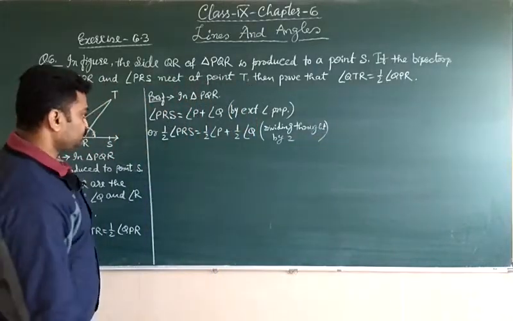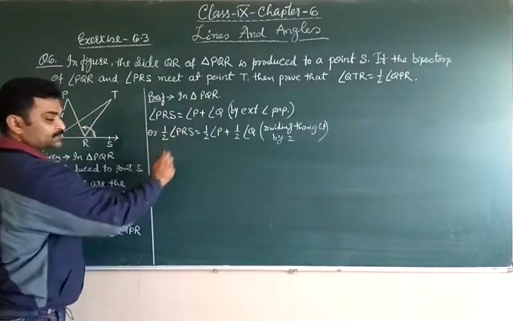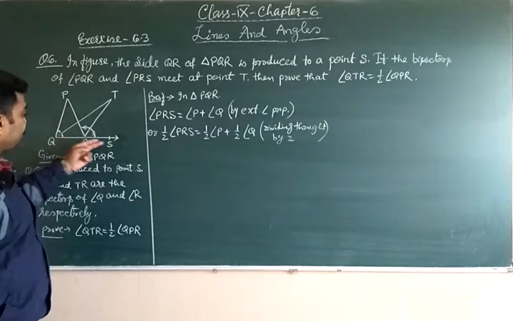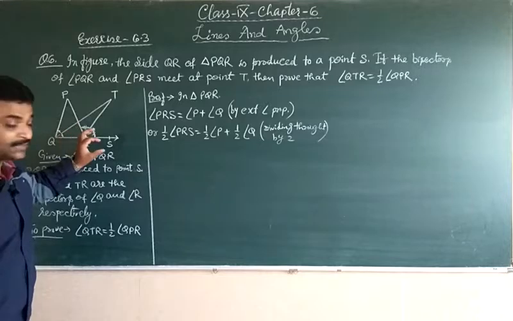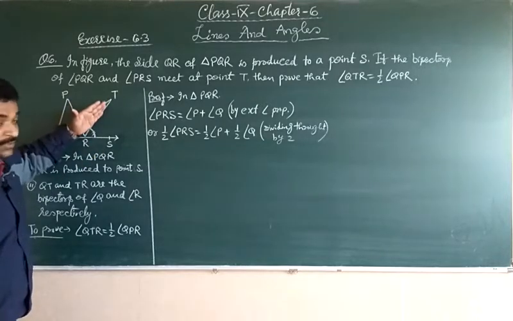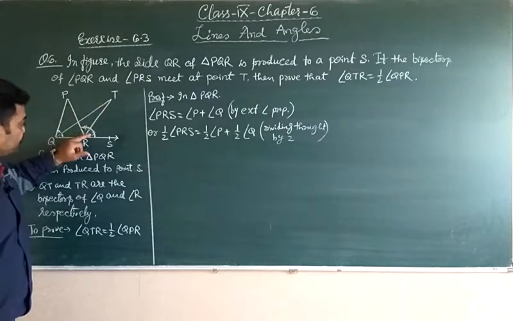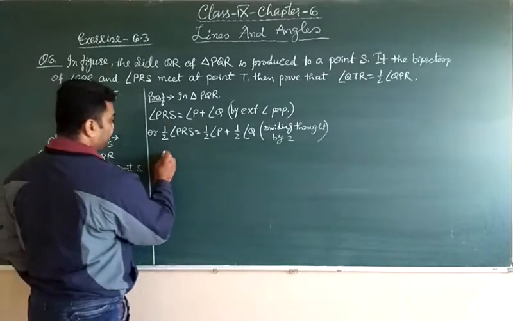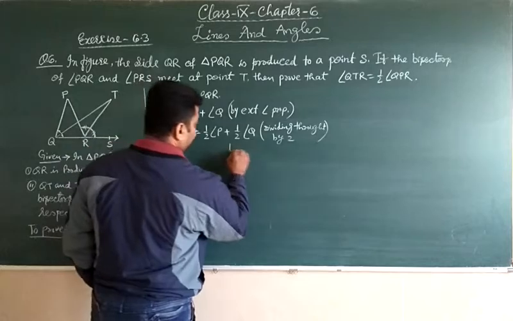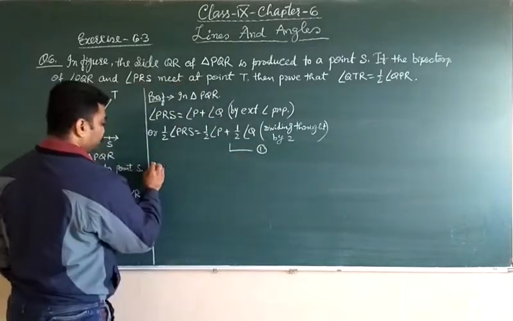Clear? So angle PRS, that means this angle is bisected by the line TR. That means these two angles are equal. So here we can write, it is equation number 1.